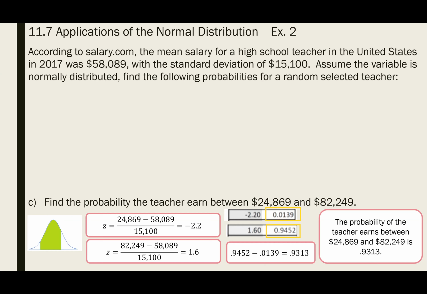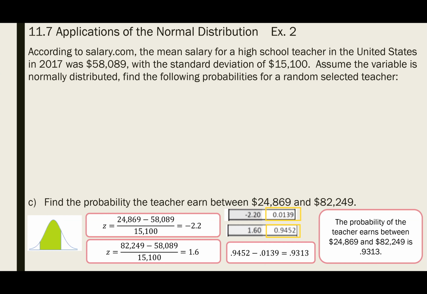We don't know if it's in the low range of 25,000 or in the high range of 81,000, but it will be in that range between the 24 and the 82. So if you go to Louisiana and select a high school teacher, they might be in the low range, maybe around 30, 35.